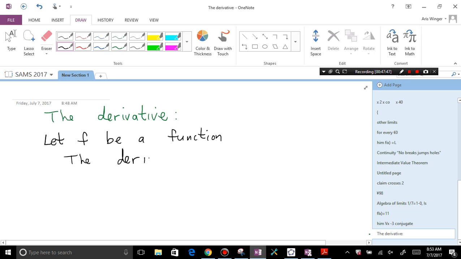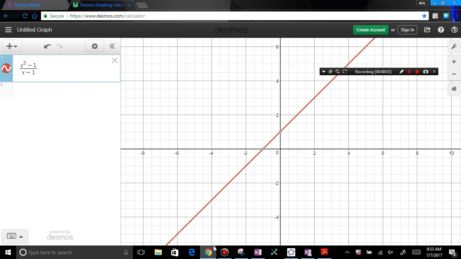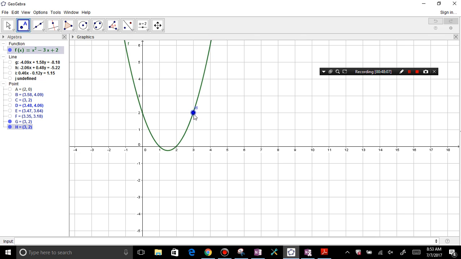The derivative of f at x equals a is, for sure, a limit. I want to go here. So what we're doing again is taking a limit of these slopes. It's the limit of all these slopes.